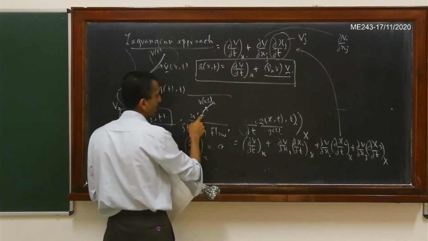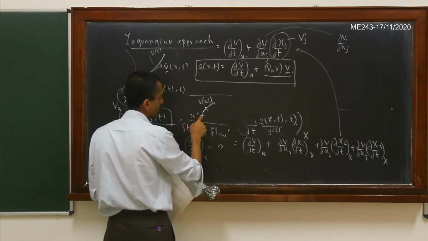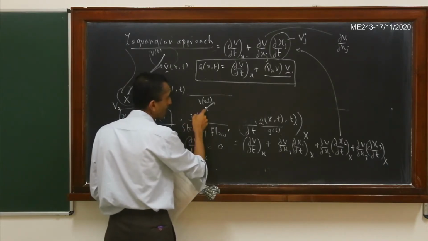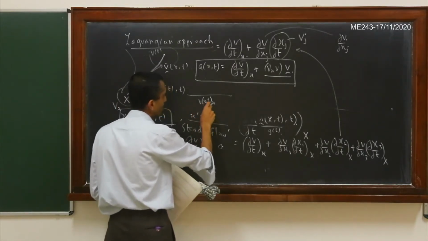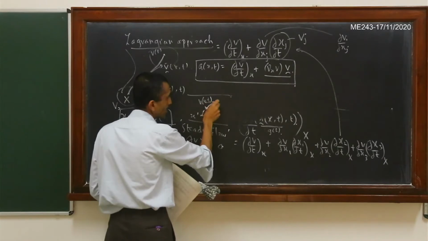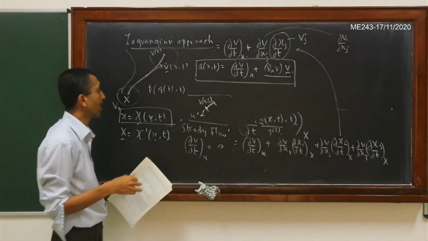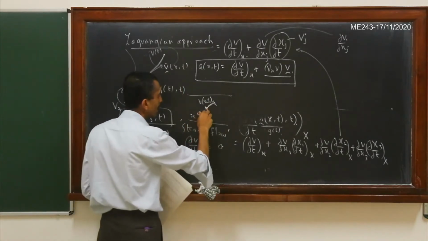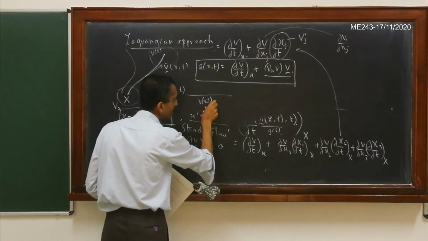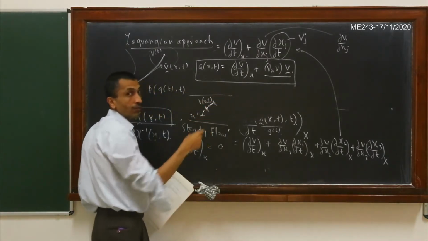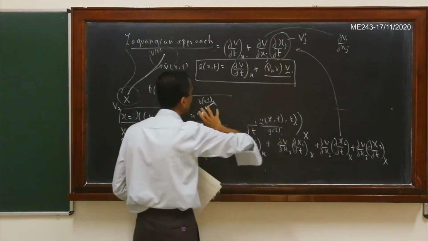The particle that was occupying x prime is now coming and occupying this position, and the particle occupying this position is going to go to a new position. So the velocity is changing. If you track this particle, its velocity is changing as it moves to a different position at a different time, and this term captures that effect.